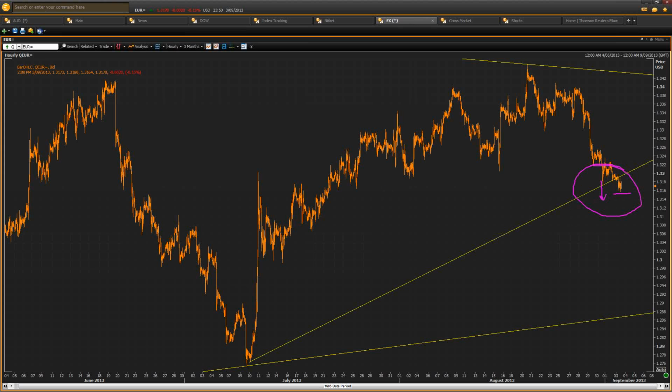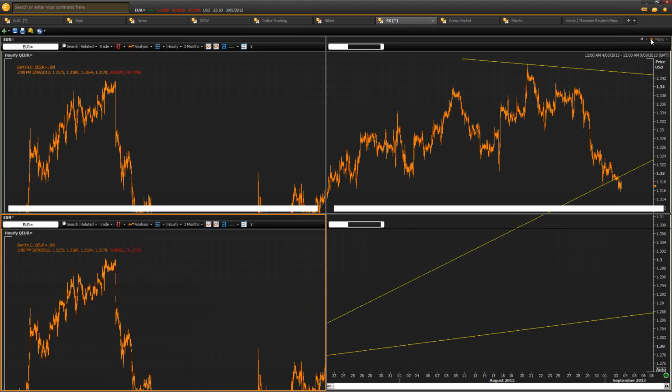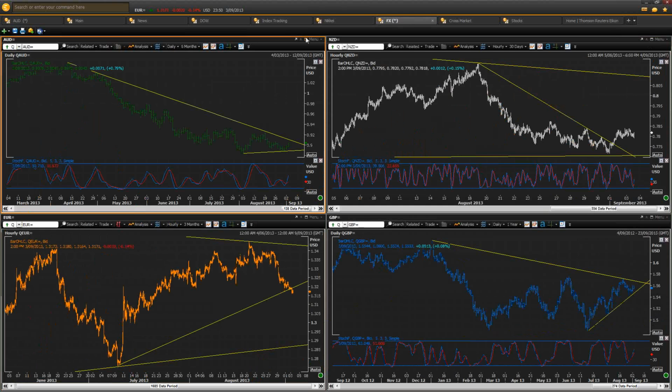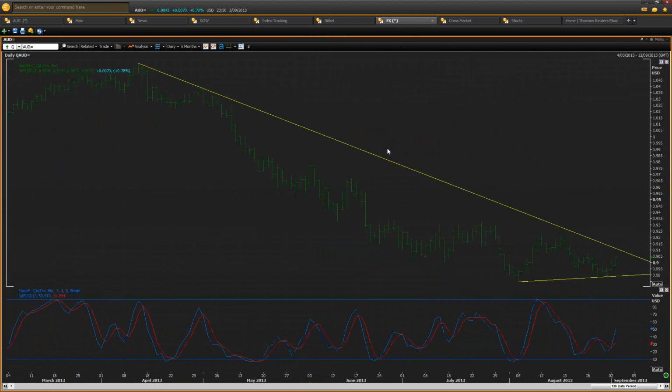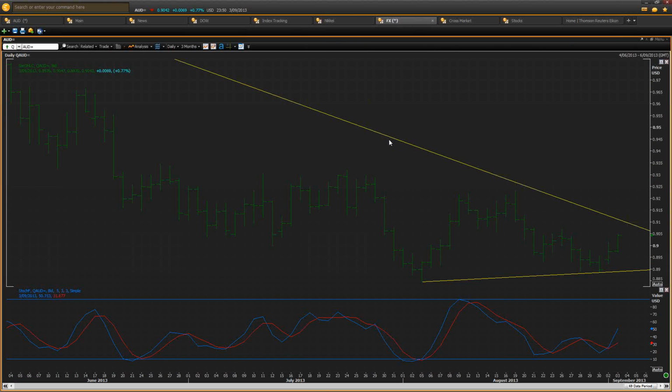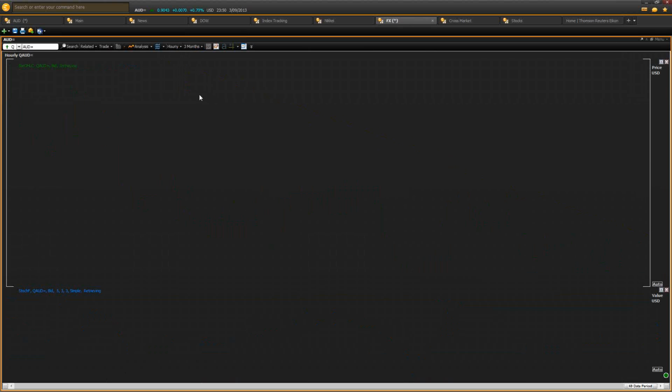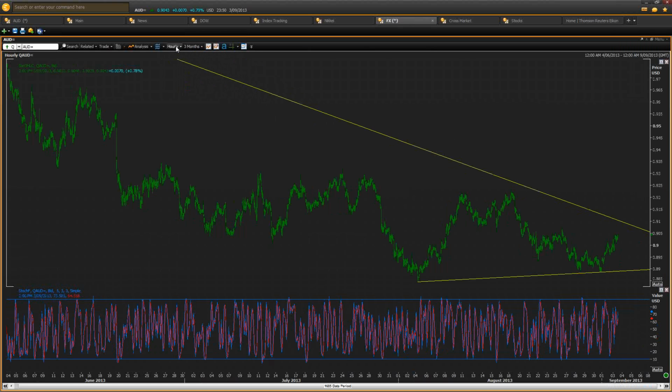So just as I come back across, what we're trying to do is work out exactly what momentum is happening across the board. So you get some dollar strength there across the board in euro. Let's go back here to the chart and change the symbol. 3 months.